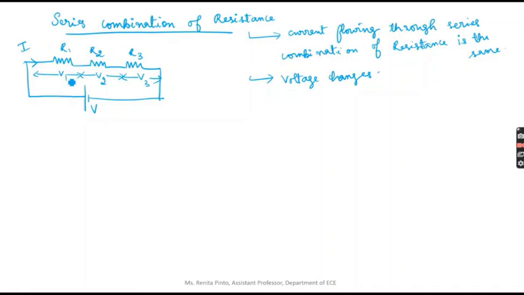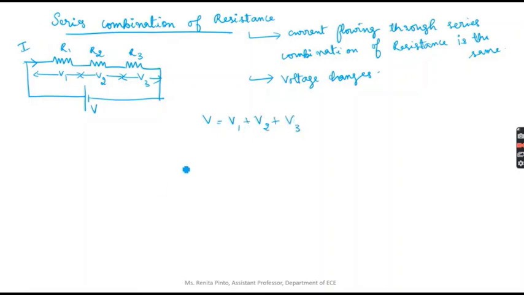So I have already taken 3 resistances. Let me find out the equivalent resistance for a series combination of resistances. According to this circuit, you can see voltage V is equal to V1 plus V2 plus V3, correct?